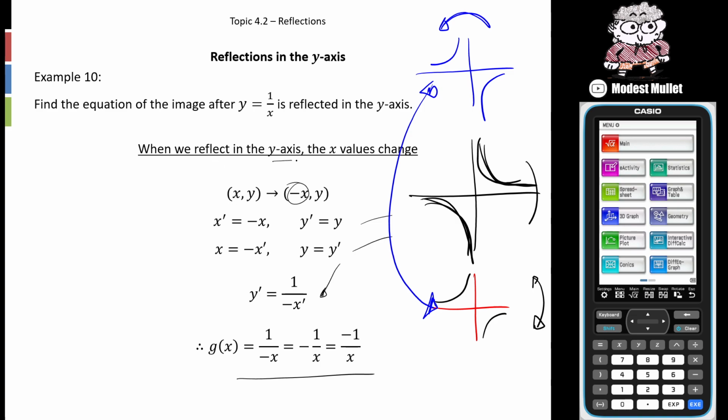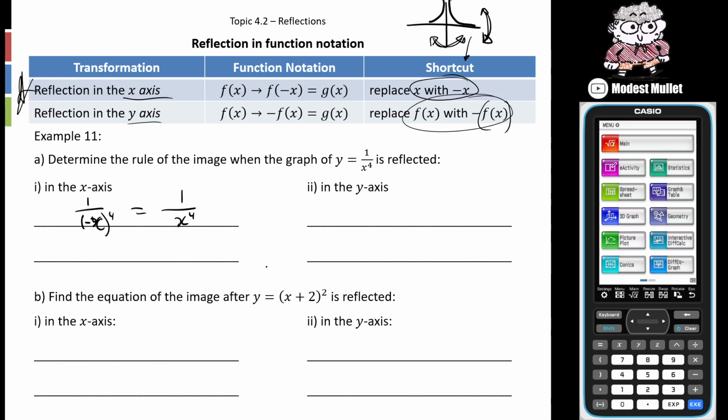When we reflect in the y-axis, the x value changes. I'm pretty sure I've put these around the wrong way. Yeah, I put them around the wrong way.